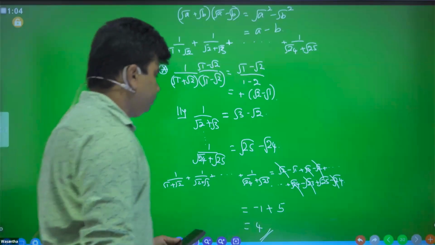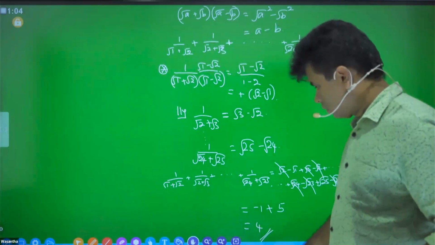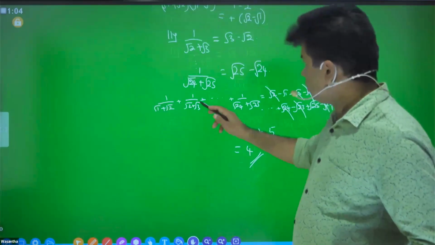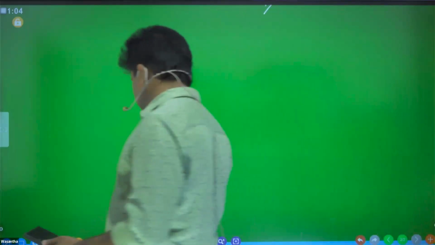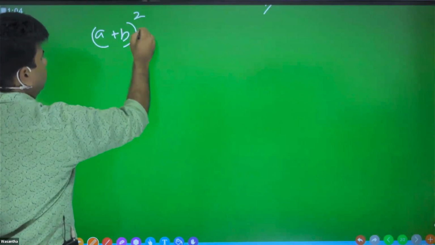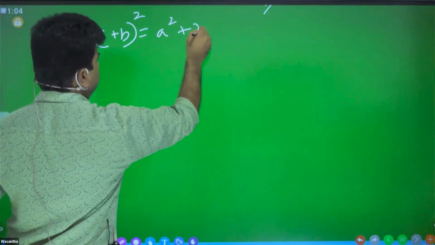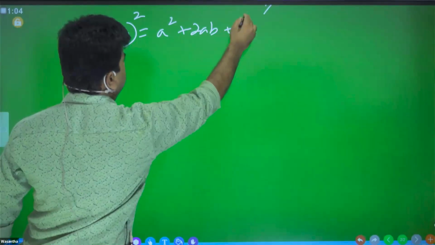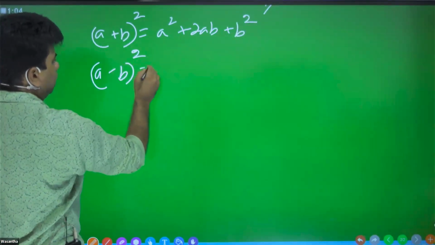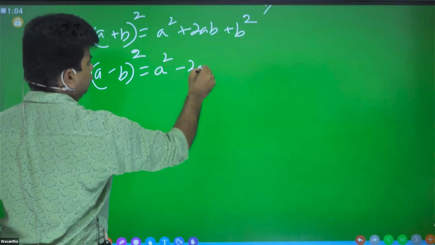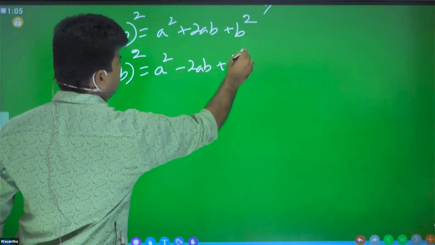Now can you remember we discussed, especially a plus b squared, which is a squared plus 2ab plus b squared, and a minus b squared is a squared minus 2ab plus b squared.